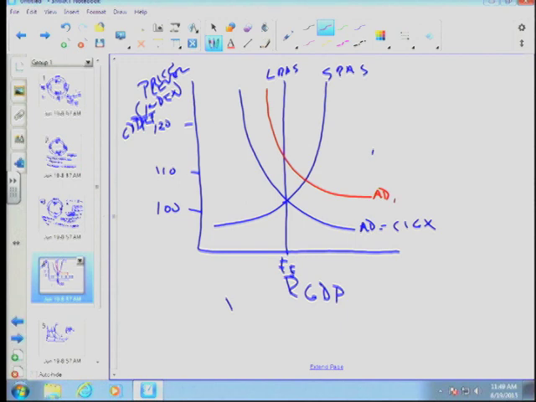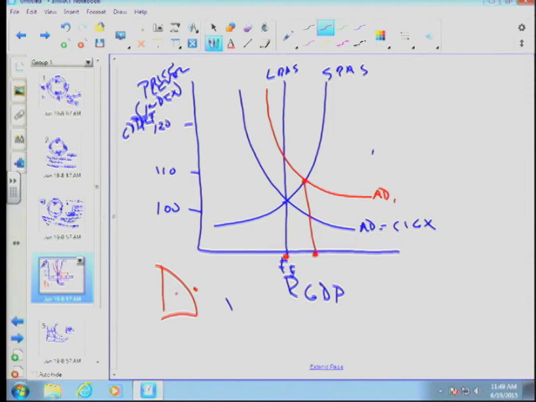Okay? This is the full employment level of real GDP. Now what's happening when we move out here? Real GDP expands to here. How is it that we can now get out here? Remember, I said if we're at full employment, we're on the curve.